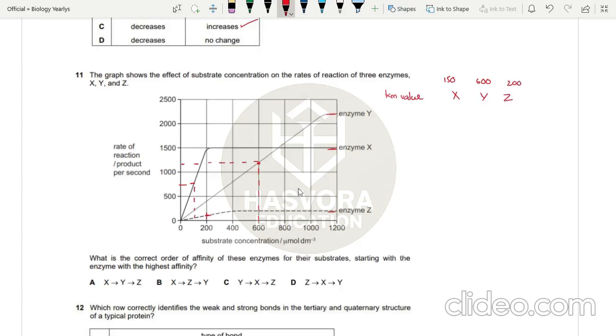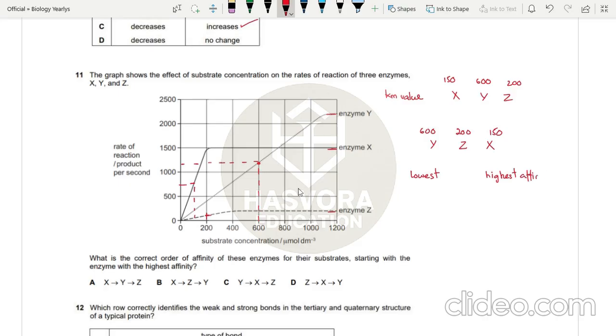Now you can arrange the Km value in the order with the highest Km value first. So it could be Y, then Z, then X, because this is 600 Km value, this has 200 and this is 150. Now you have to remember that affinity, the higher the Km value, the lower the affinity. So it means Y will have the lowest affinity and X will have the highest affinity.